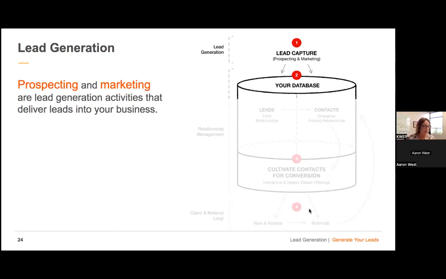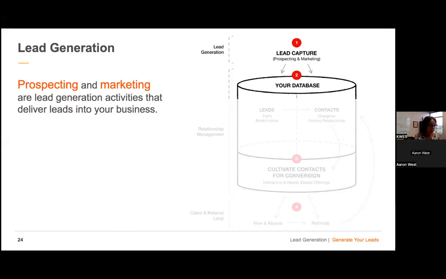These are your lead generation activities that deliver most of the leads into your business. The database allows you to track that. As you can see at the top of the model, prospecting and marketing are the two different activities. You can never have too many leads, and a quantity of leads gives you a good quality to go on.